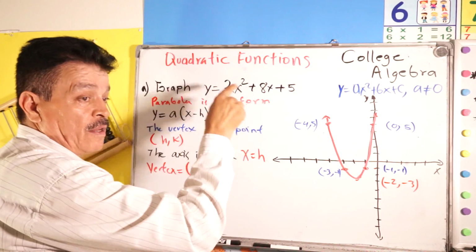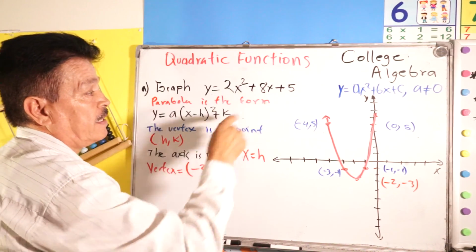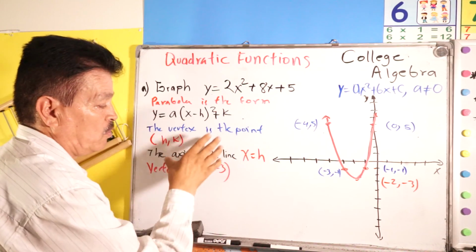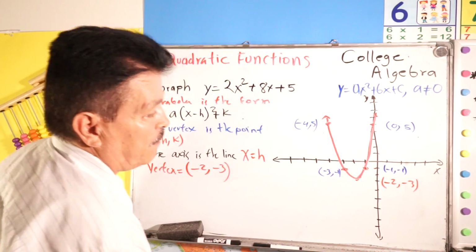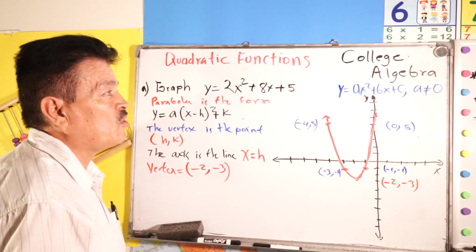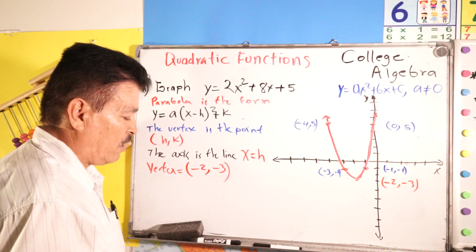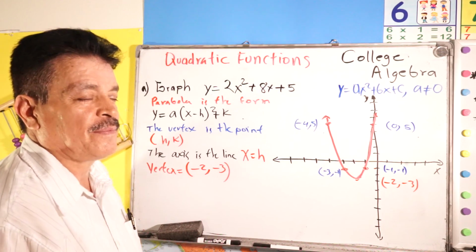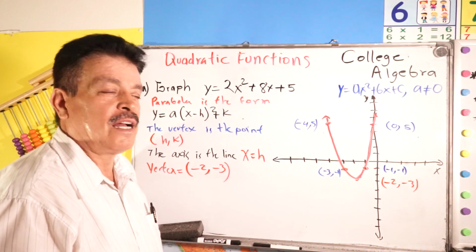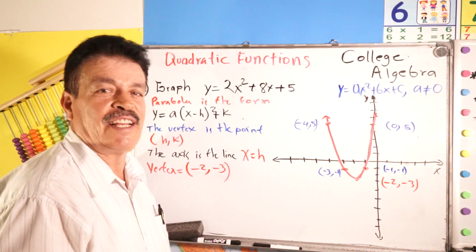The first step is completing the square in this equation to make a perfect square. After that, you are able to make the graph. So that's it for today: quadratic function in college algebra. I remind you of this idea: discover the power of mathematics and unleash your infinite potential.